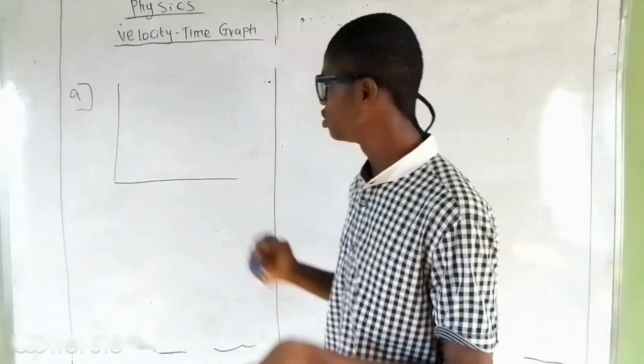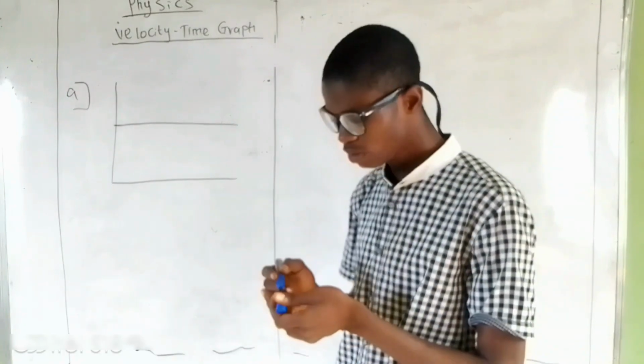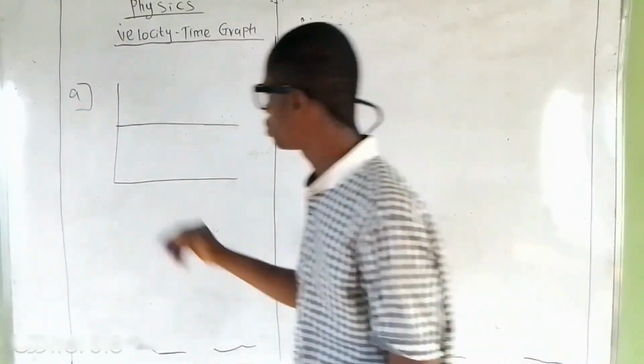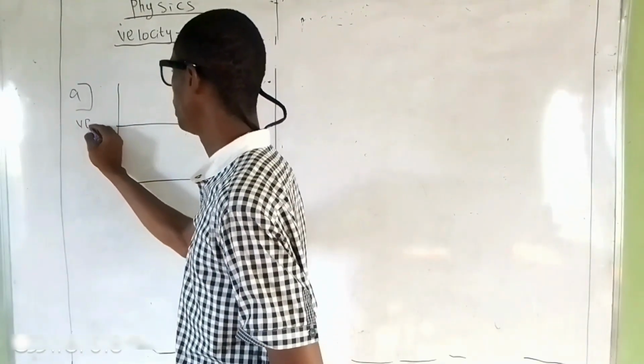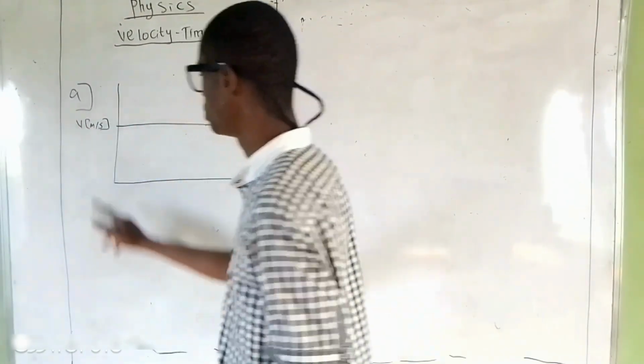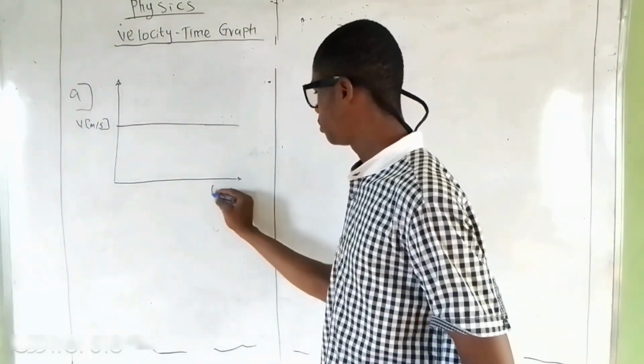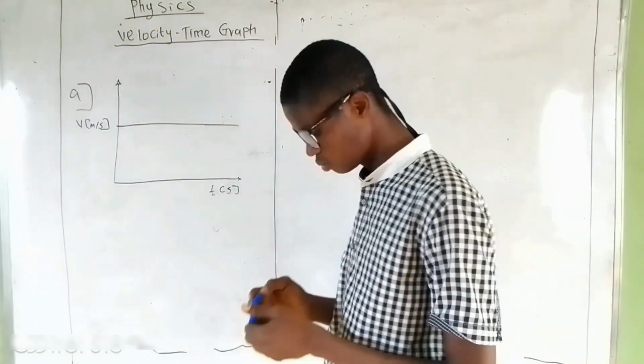It is drawn like this. That means the velocity is neither increasing nor decreasing, it's just constant. V is here, m/s is the unit, we always place it there, and the time is here.